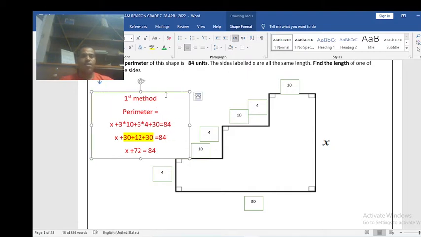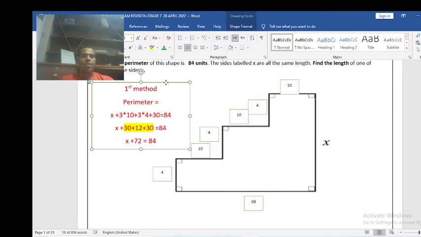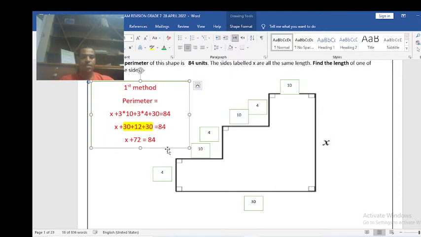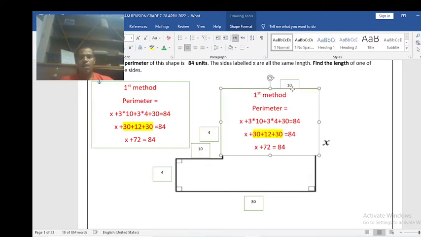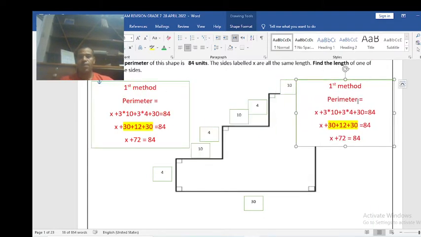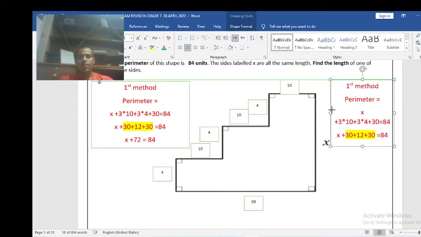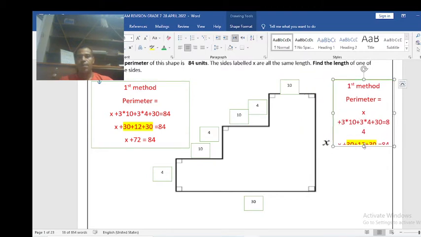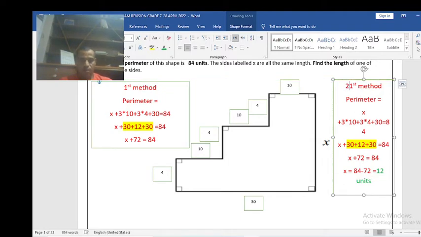The second method, learners, will be like this. I'll copy this one and paste it here. Now I'm going to show you the second method.